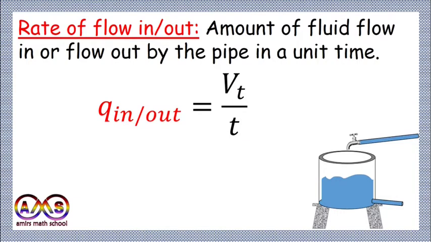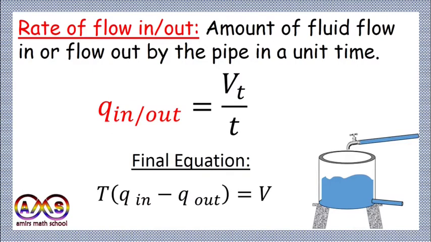With this rate of flow in or out, we form a final equation which is T into (Q in minus Q out) equal to V. Here, this Q in minus Q out is the amount of fluid in unit time. This T is the total required time to fill the cistern when all the pipes are open, and this V is the volume of the cistern.